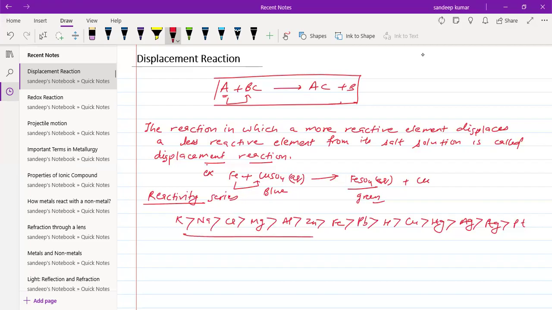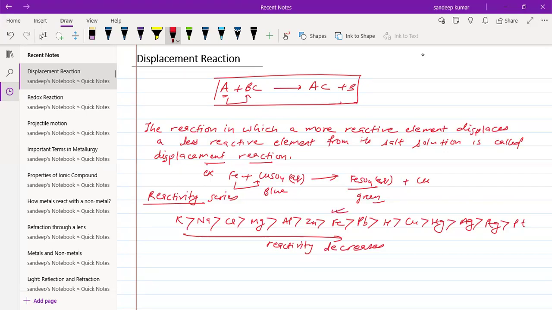This is most reactive, and if you move from here towards platinum, the reactivity decreases. You can clearly see the element which is up in the reactivity series can displace the salts of the element which is low in the reactivity series.